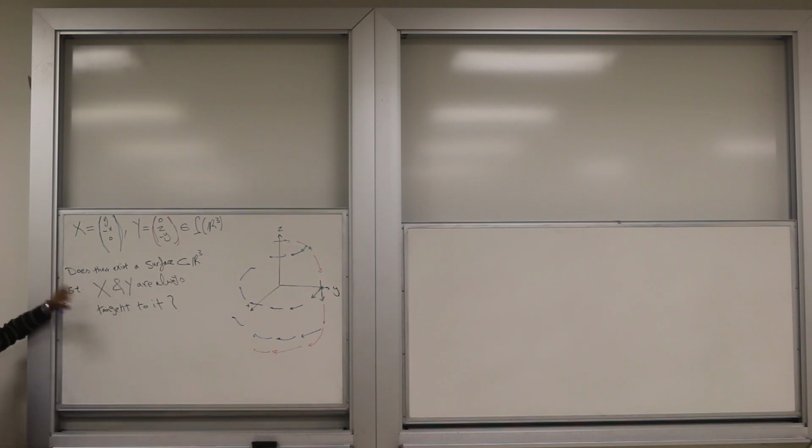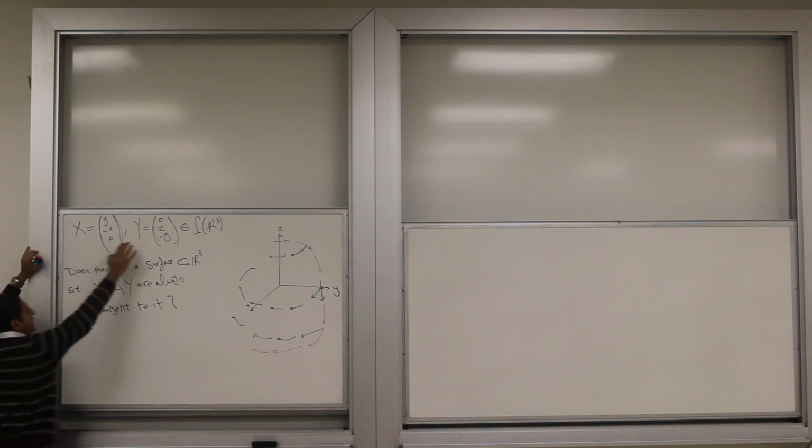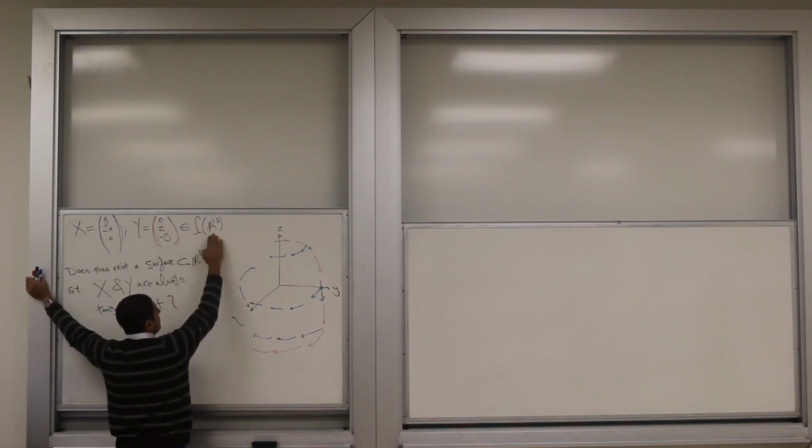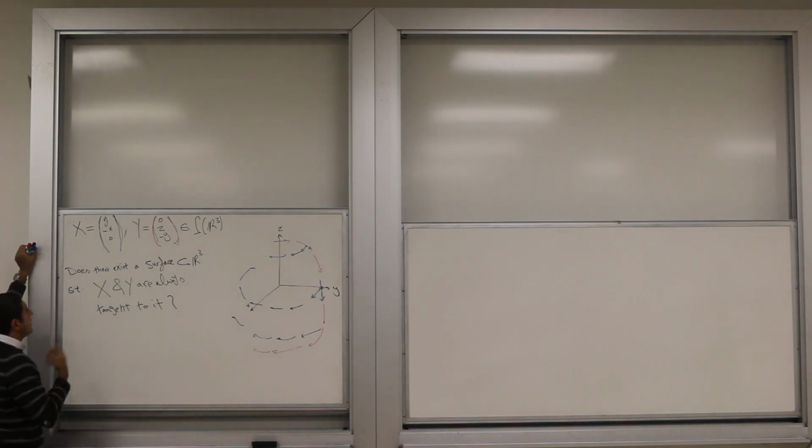I mean, this is pure geometry, right? You have two vectors that at each point give you two velocity vectors, and these two vectors live in a bigger space, R3, and I'm asking, do they live in a smaller space? That in itself lives in R3, okay?